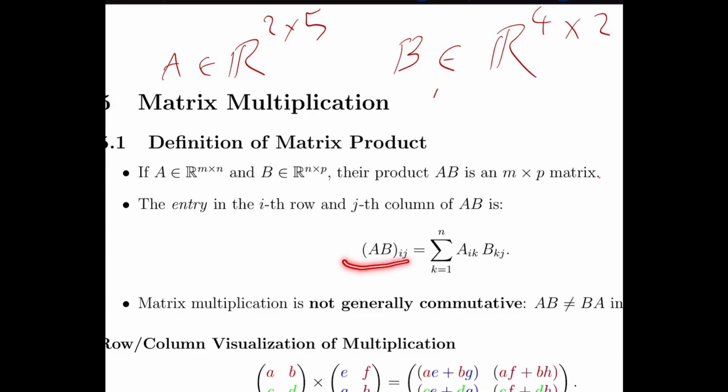So if you have AB, each entry of it, which means (AB) sub ij, is equal to this summation, where A sub ik is multiplied by B sub kj, and k can be any number from 1 to n. Note that this is for one single entry. i here should run from 1 to m, and j here should run from 1 to p. Why? Because the product will have a dimension of m by p.